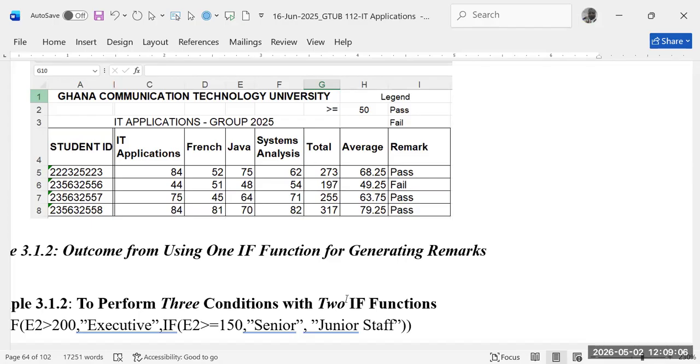Do it for us quickly. Okay, sir. So equals total. What's the command for total? Who can tell? Equal to bracket open, 44 plus 51.